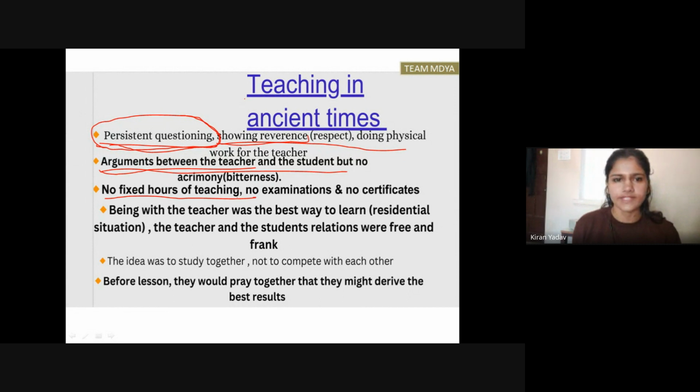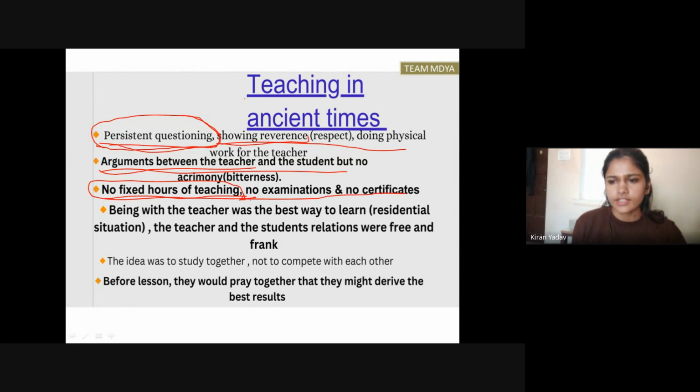As in today's time, we see that our college time is from 9 a.m. to 4 or 5 p.m. So there is fixed timing. But in ancient times, there were no fixed hours, no examinations and no certificates.